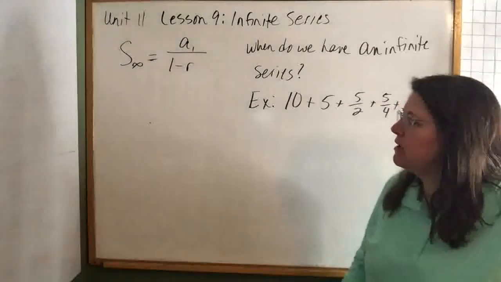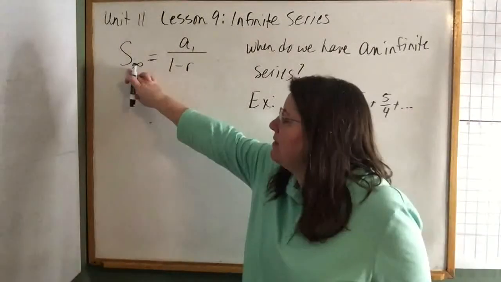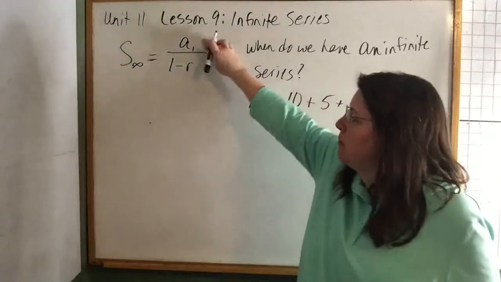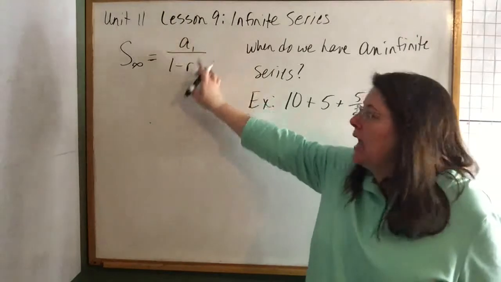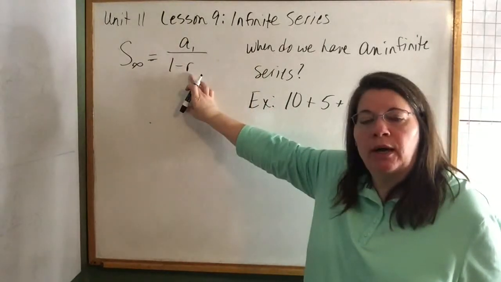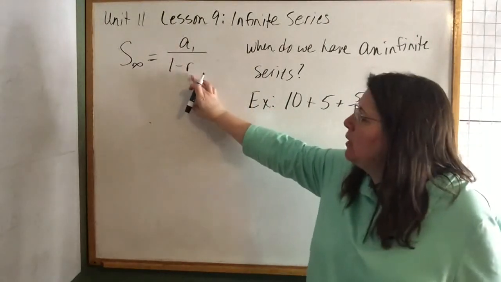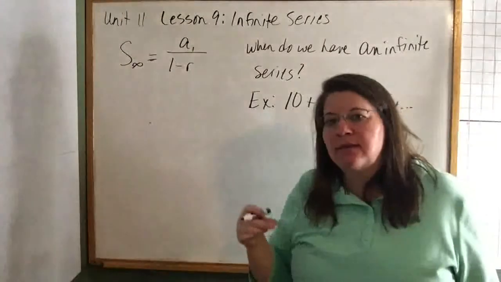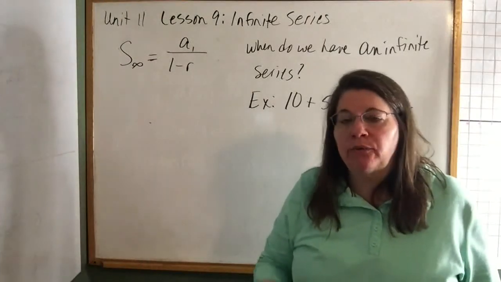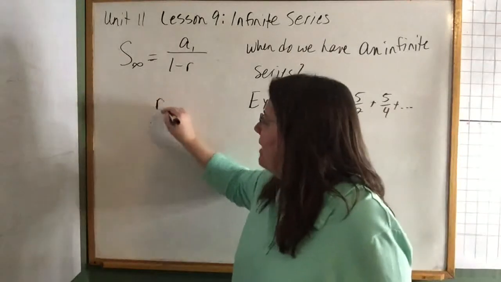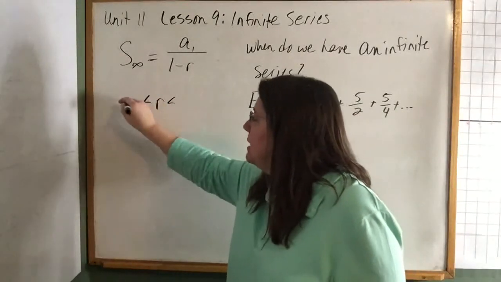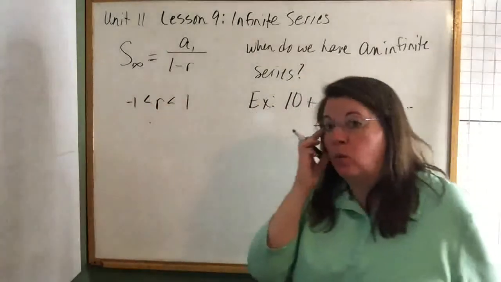And the infinite series formula is S sub infinity equals a sub 1 over 1 minus r. A sub 1 is your first term, and then r would be your common ratio. And we have an infinite series when, well, first of all, it has to be geometric. And your r value has to be between -1 and 1.